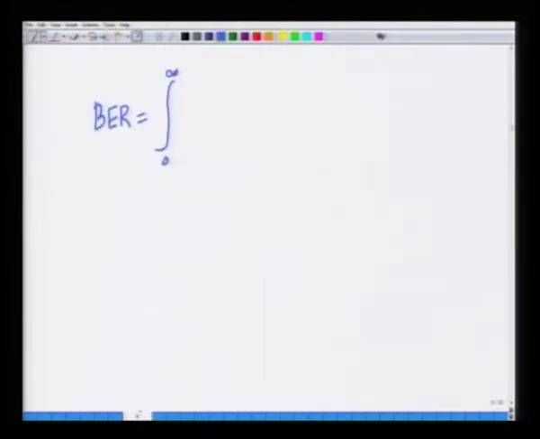Hence, this integral becomes 1 to infinity, times 2a e power minus a square, times a square root of mu, times e power minus x square by 2.